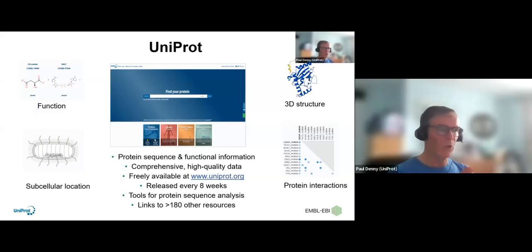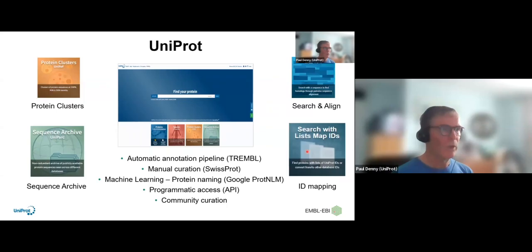It includes tools for analysis of the protein sequences, and one of the almost unnoticed, to some extent, great powers of the UniProt website are the links to other resources. There are a massive number of links to other databases. I've mentioned function. It also includes subcellular localization information, information about 3D structures and protein interactions.